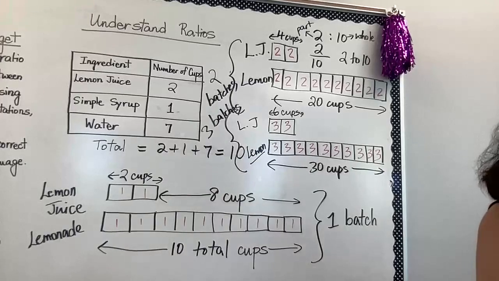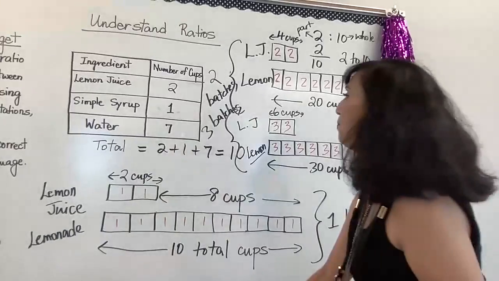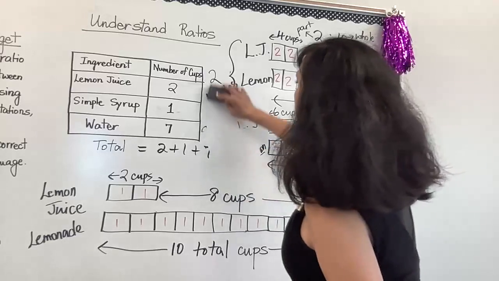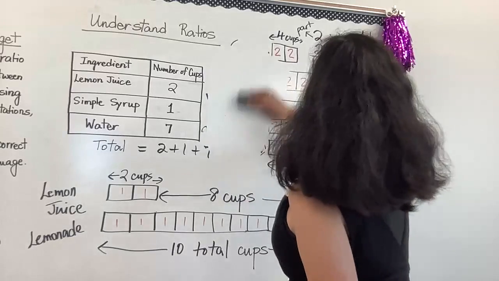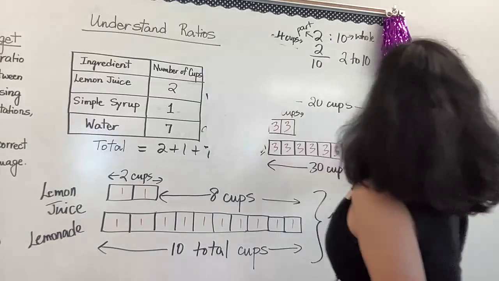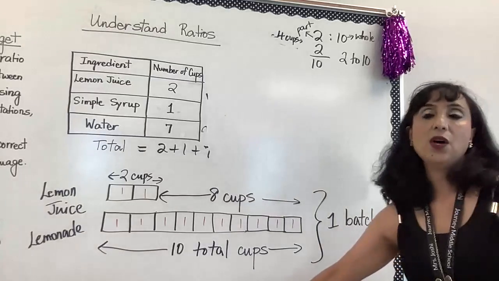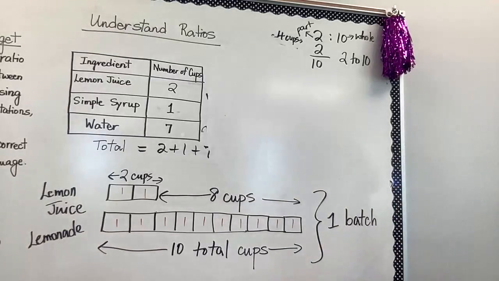So let's quickly talk about a part to part ratio. I'm just going to erase this really quick. Now we can talk about a part to part ratio. A part to part ratio compares one part of a group to another part of the same group.